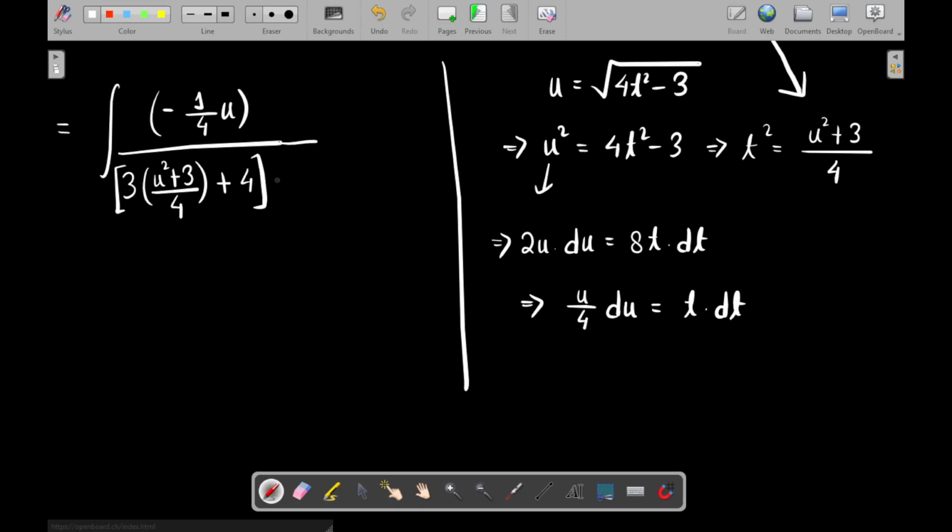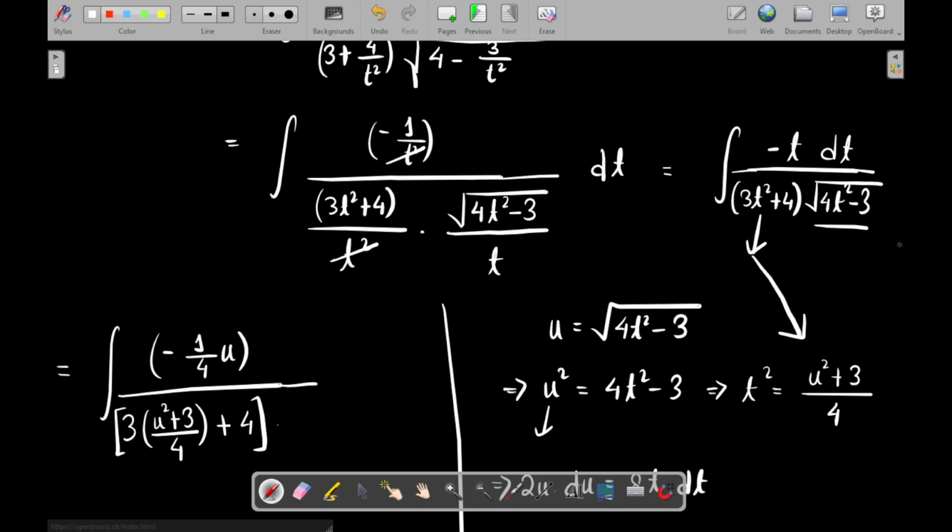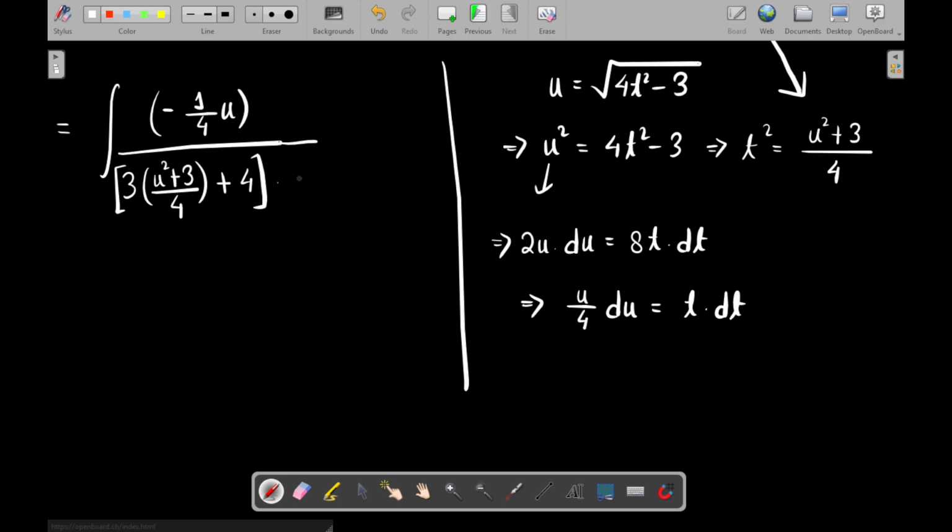This is one term, times this is just u, right? This is just u equal to square root of 4t square minus 3. So we have u here and we have a du here, so we can cancel this u and this u. And I'm taking the minus sign out, so we are left with 1 by 4 here.